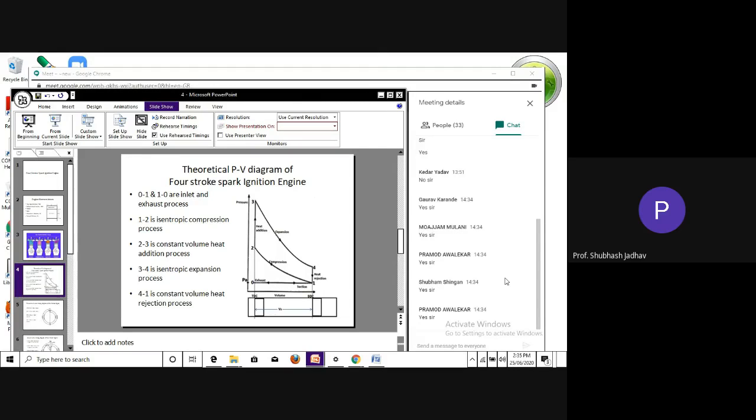Heat rejection, where burnt gases flow out from here to here. Then when you spoke about combustion, that is happening over here. What about this 4 to 1 process I am asking? I want specifically 4 to 1. What is happening?